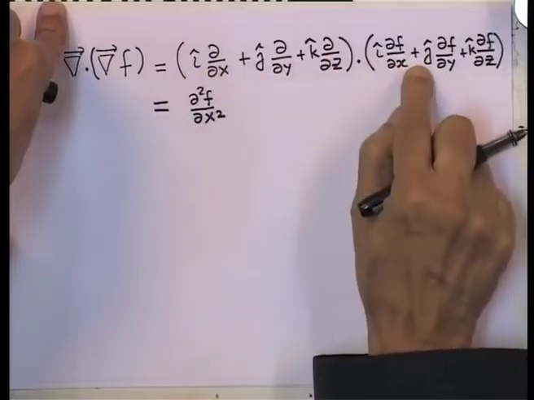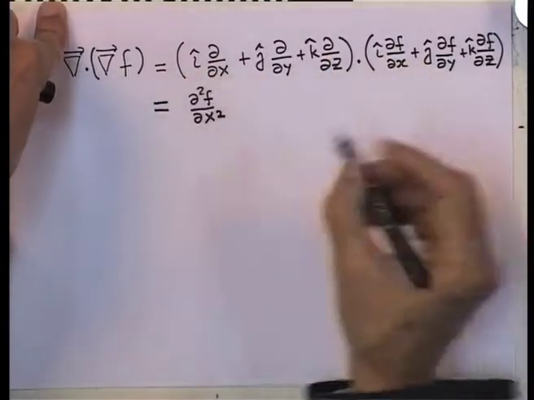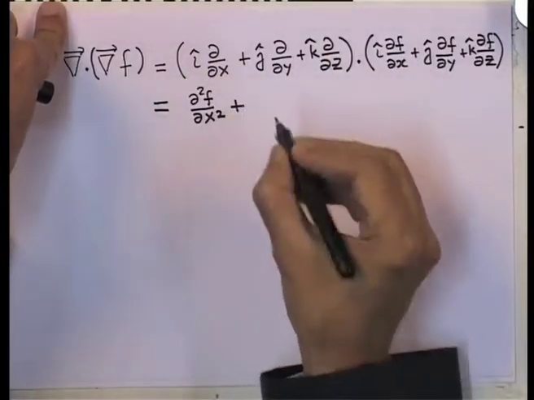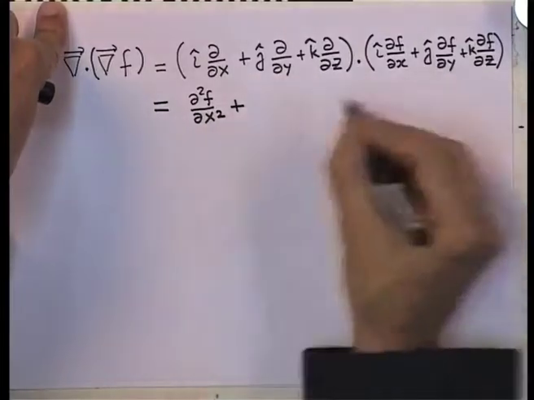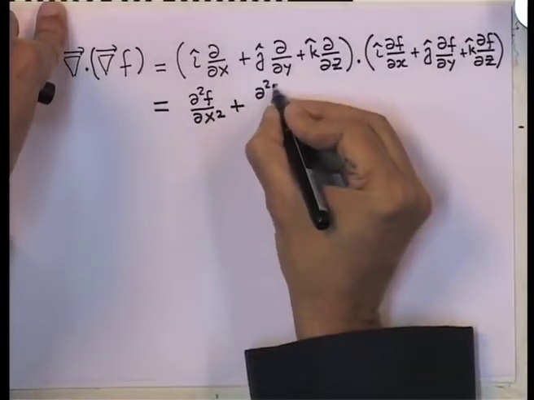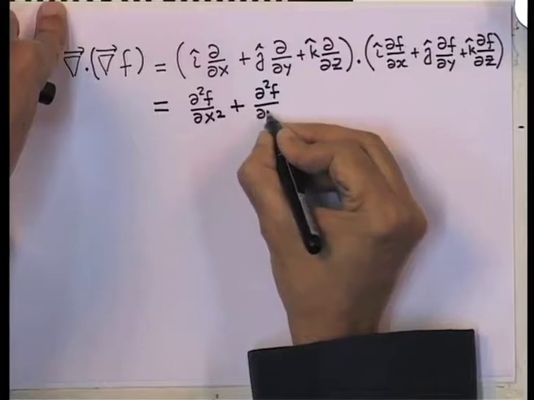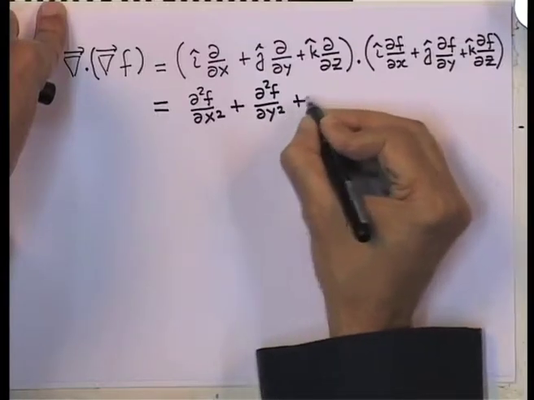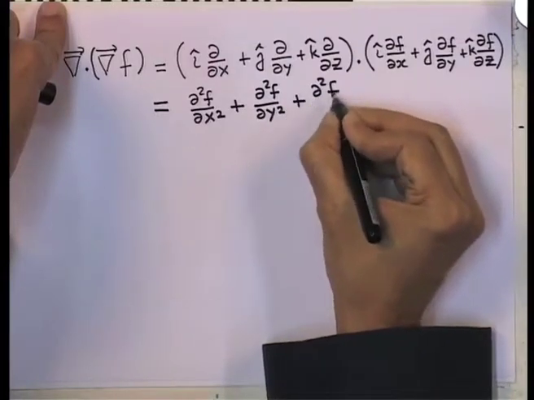Now, i dot j is 0 and i dot k is 0. From the second, j dot j, I will get d square f by dy square, and from the third one, I get d square f by dz square.